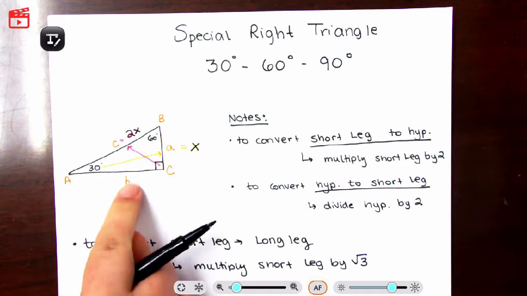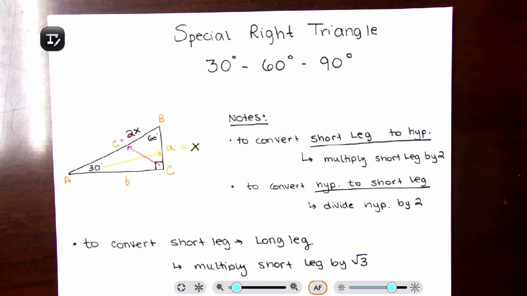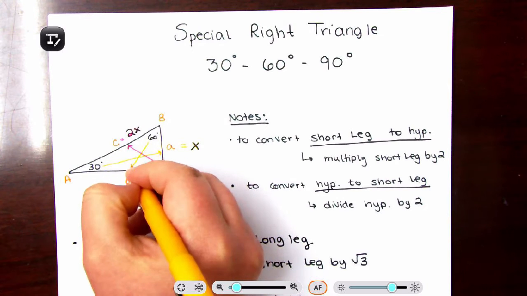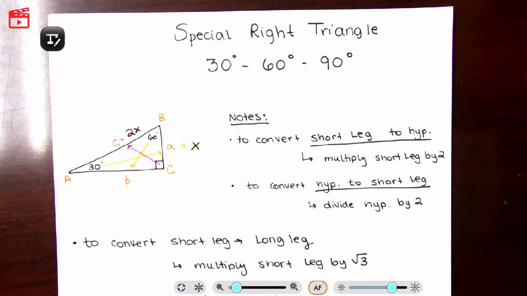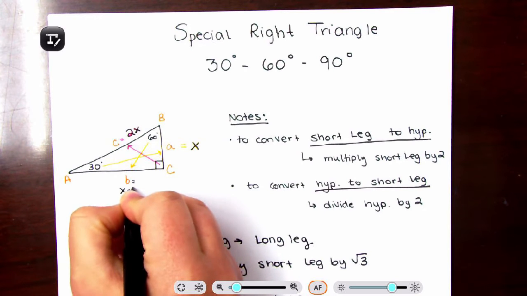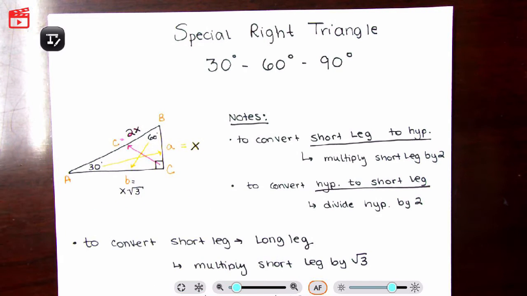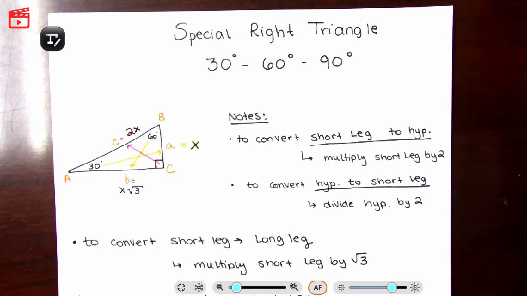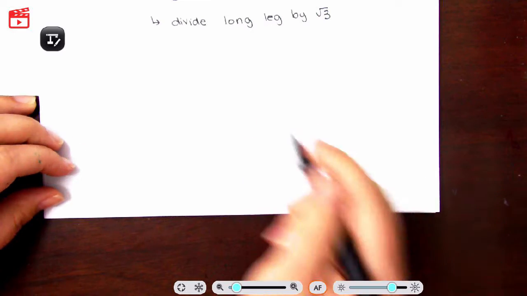Now what's left over is this middle side. This middle side is across the street from our middle angle, and that is equal to x times the square root of 3. I'm going to shift this up and draw the triangle one more time.